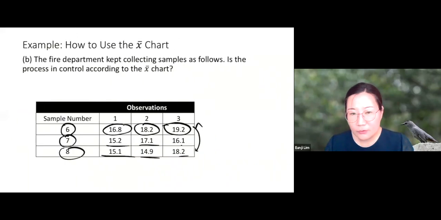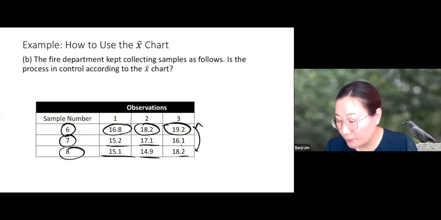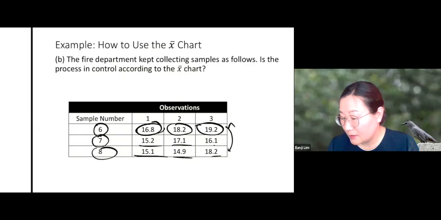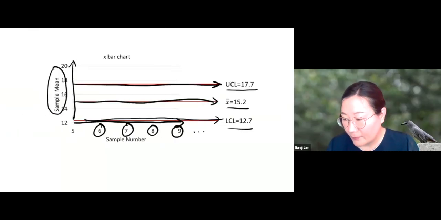So what we want to do is plot these new results in the X bar chart we just created, and then see if the process is in control or not. So how can we plot these? Should we just plot these observations, 15, 16.8?